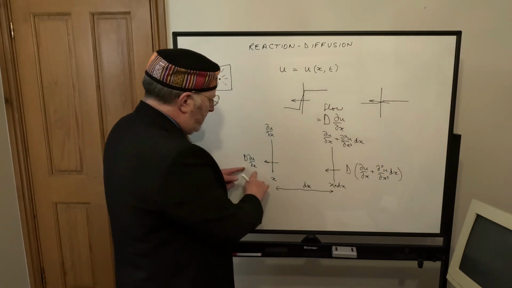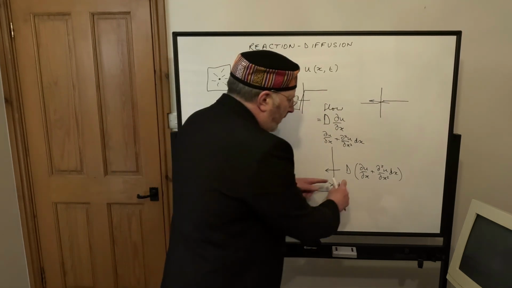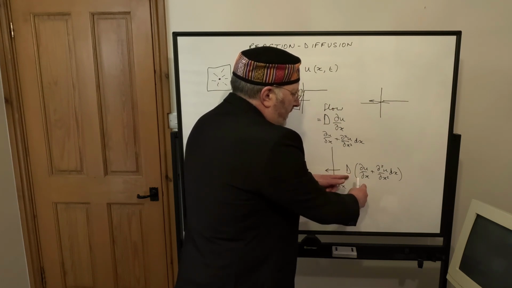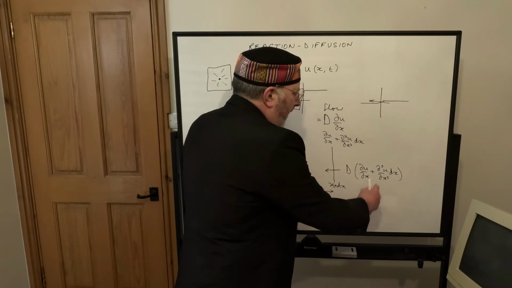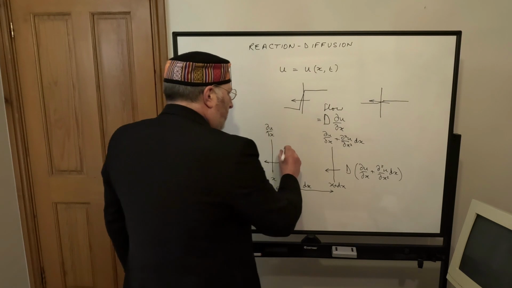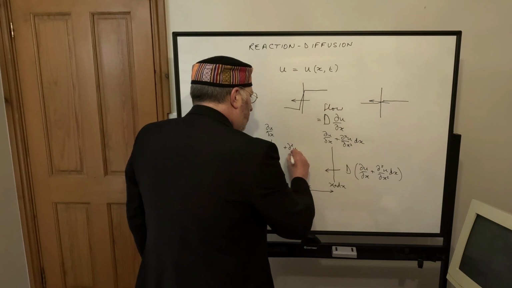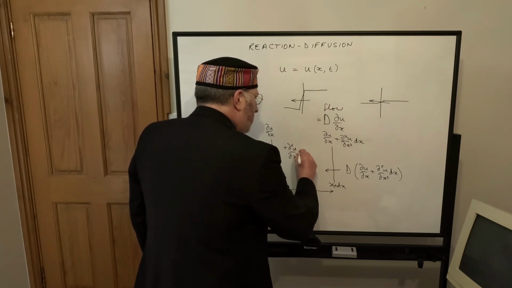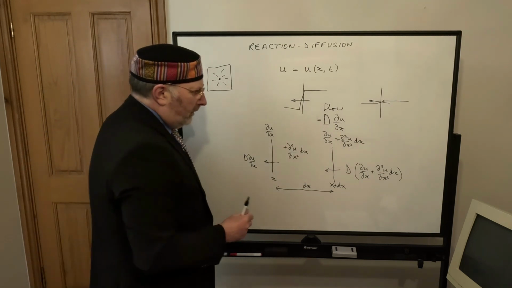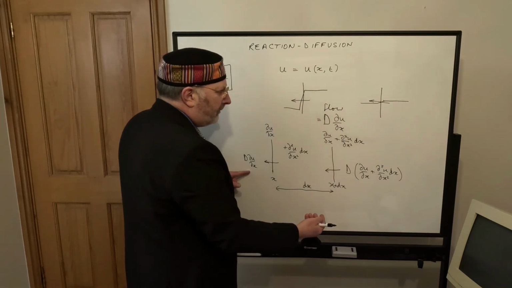So you can see that this flowing out, d times du by dx, is counteracting this flowing in of d times du by dx, and the net flow is d times d2u by dx squared dx. So that's a difference of that in minus that out.